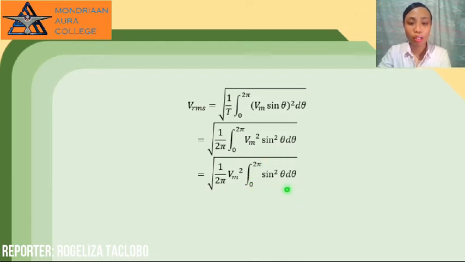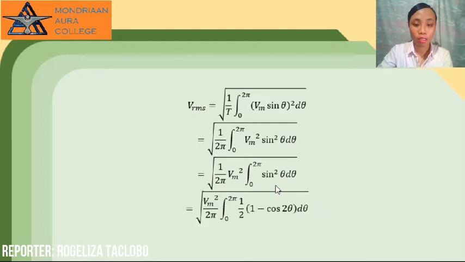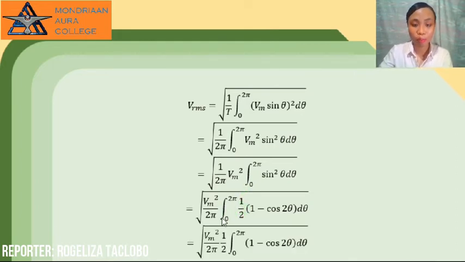So it's easier to evaluate this integral kung papalitan natin siya ng trig identity. So equivalent to sa 1/2 times 1 minus cosine 2 theta. Equivalent lang siya. So itong 1/2, constant naman siya. Pwede natin siyang ilabas. What we have left is 1 minus cosine 2 theta.